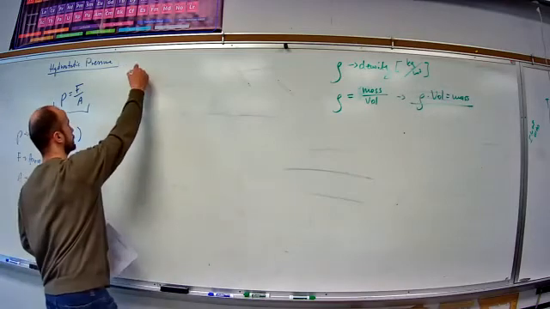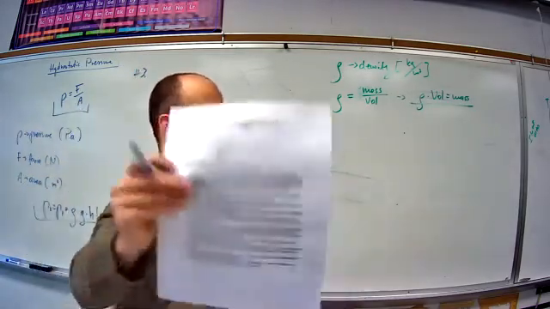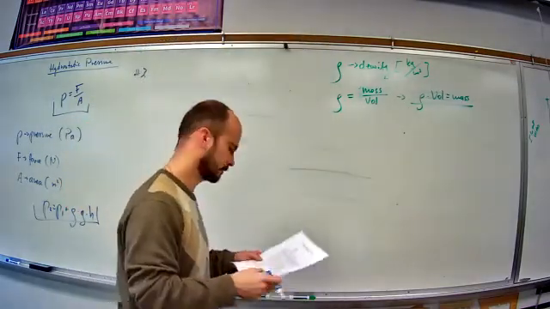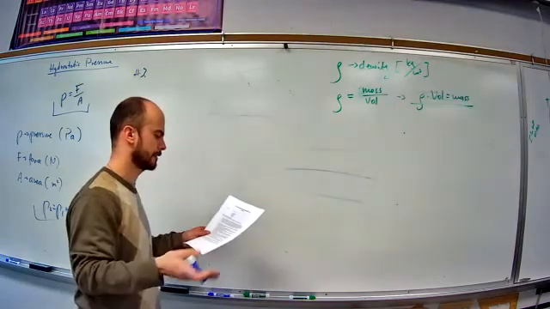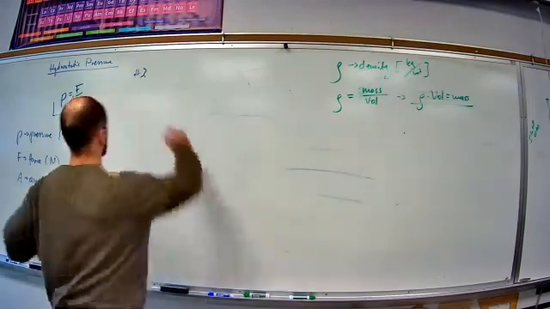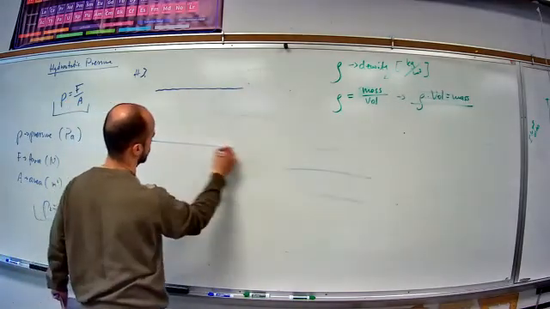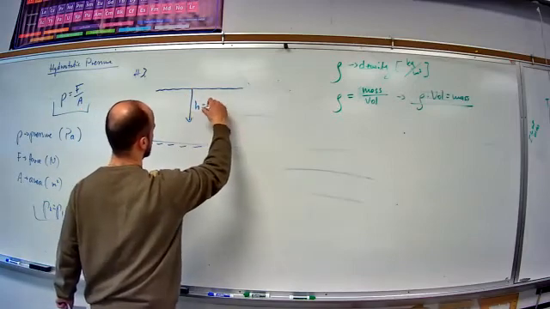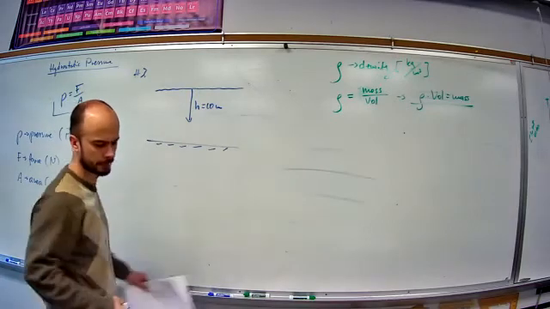All right, problem 3. It's the first worksheet on fluids. What is the pressure at a depth of 10 meters below the surface of a lake? Here's my lake, and then you bottom out somewhere here, and then you go to a depth of 10 meters. And the question is, what is the pressure at that depth?